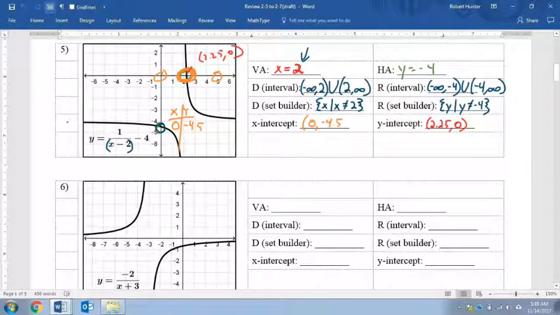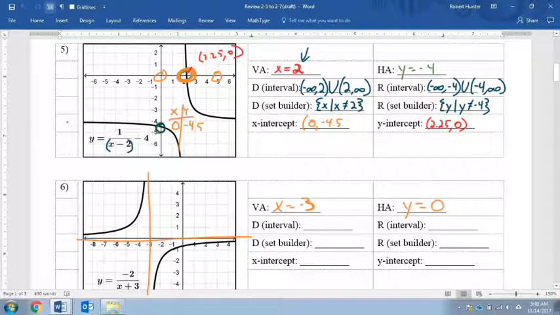Alright, number 6. Actually, I want you to try number 6, because it's just like number 5. I gave you 2 of them just to see if you could pull it off. You could struggle through one and do the other one on your own. But anyways, your vertical asymptote is right there at x equals -3. And your horizontal asymptote is right there at y equals 0.